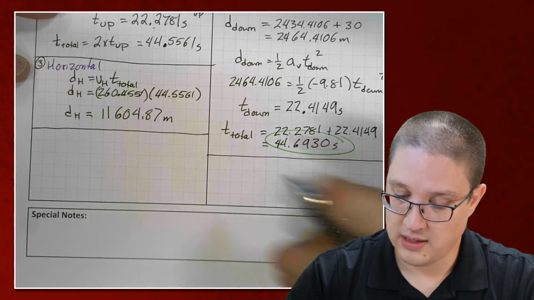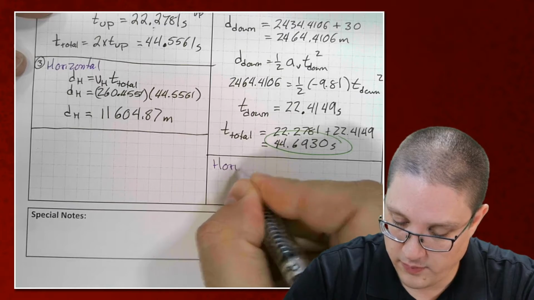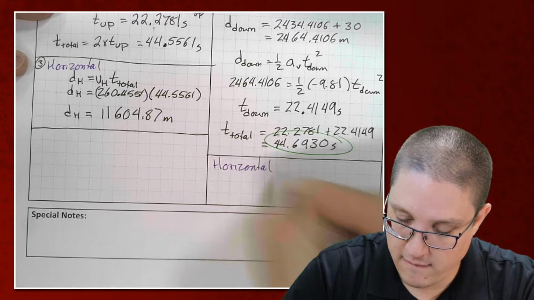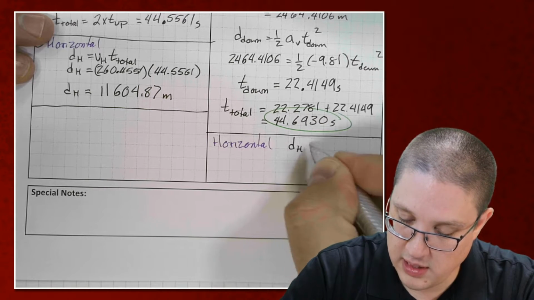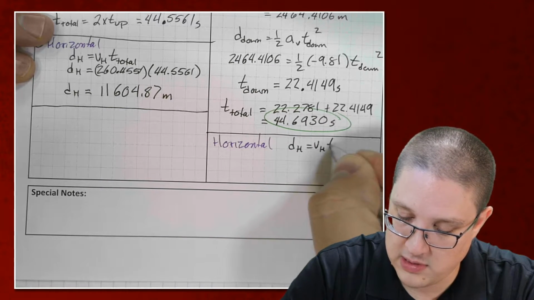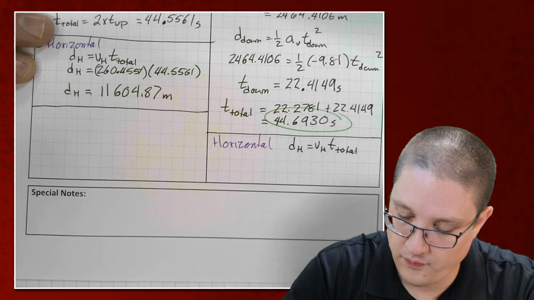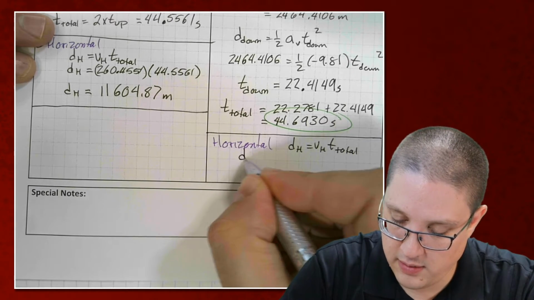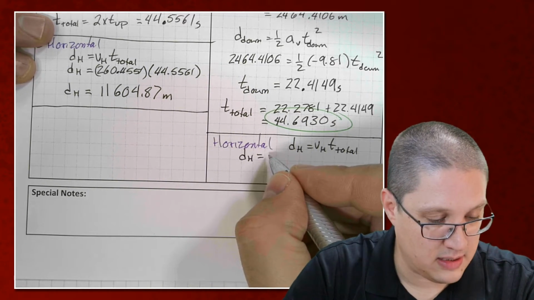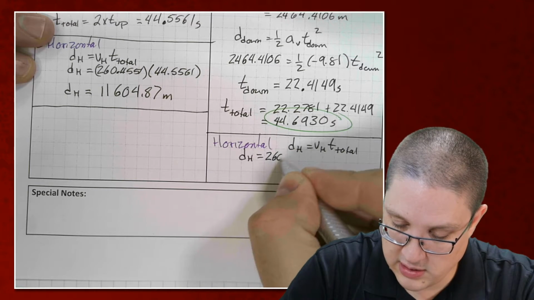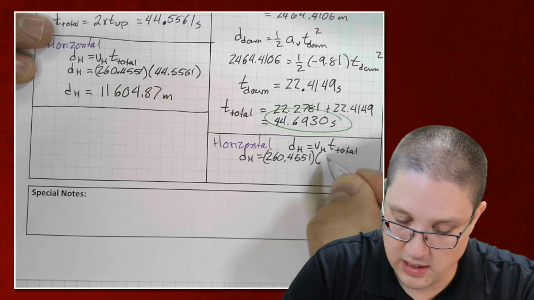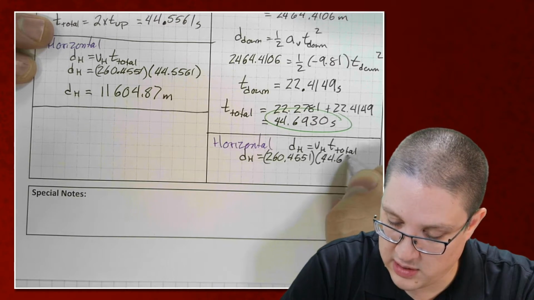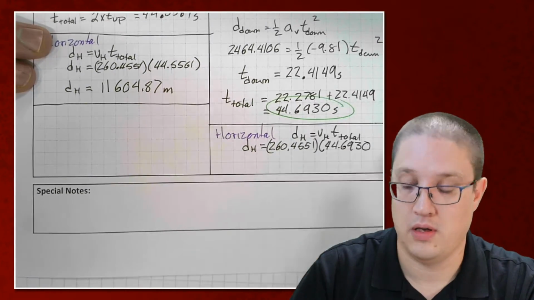Now I can use that to come to my horizontal part, and that's really easy. DH equals VH times T total. Plugging that in, I get 260.4551 times 44.6930.